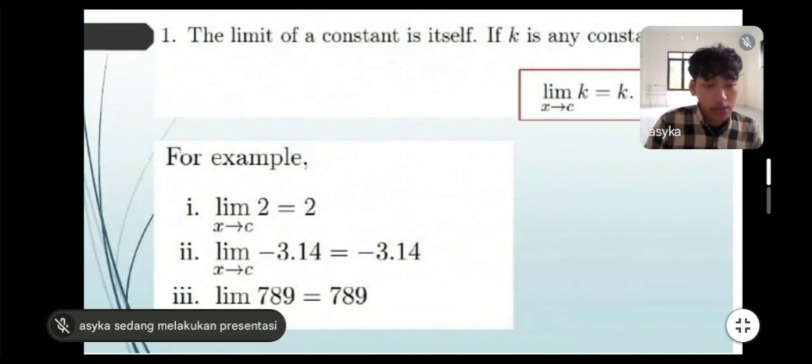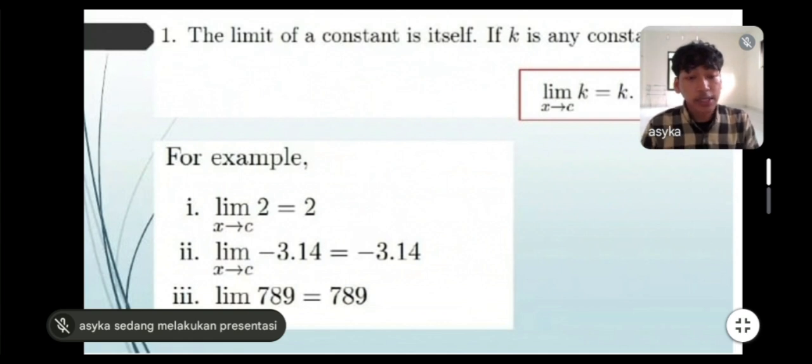Example number 2, the limit as x approaches c of minus 3.14 equals minus 3.14. Another example is the limit as x approaches c of 789 equals 789.